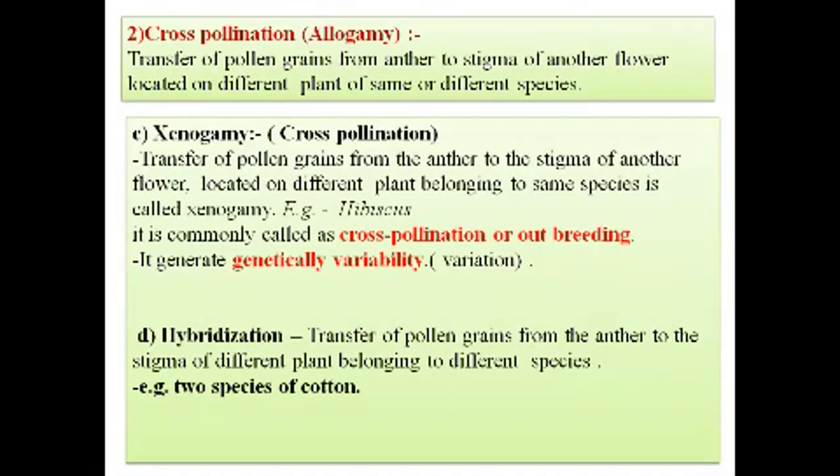There are two types, that is xenogamy and hybridization. Xenogamy is also known as cross-pollination. It is the transfer of pollen grains from the anther to the stigma of another flower located on a different plant belonging to the same species. Remember, in xenogamy the species is the same, but in hybridization the species is different.